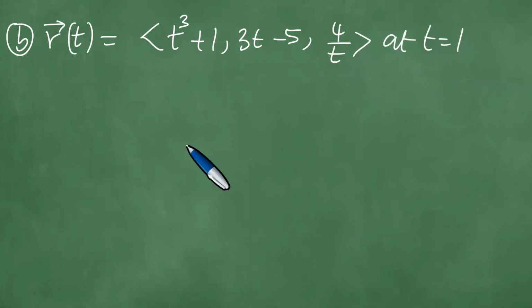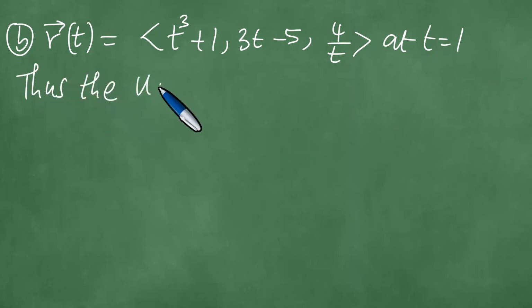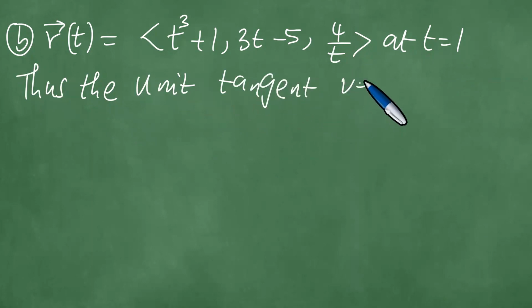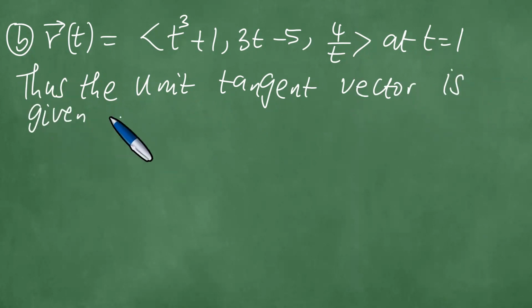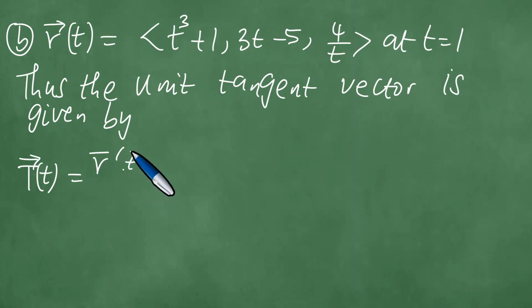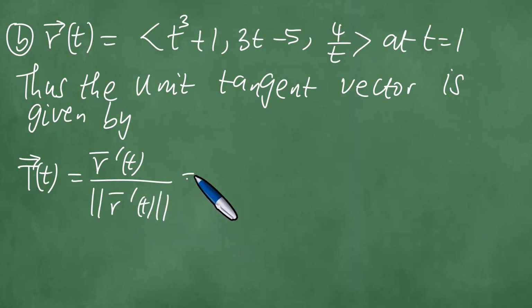So now we can get the unit tangent vector, which is given by vector T, which is r primed of t divided by the length of r primed at t.